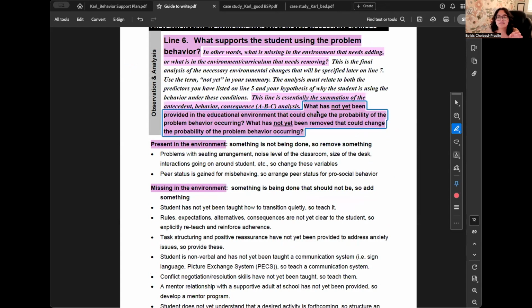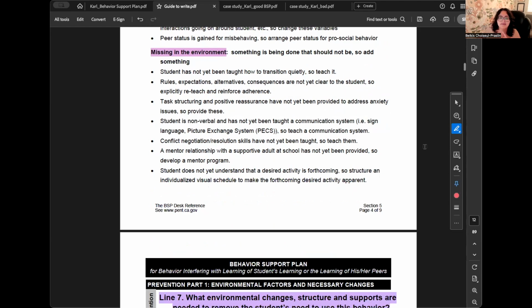This helps us think about the environment in terms of what has not yet been provided that could change the behavior, or what has not yet been removed from the environment that could change the behavior. We are not touching it yet. We are still just talking about it. This is important because it helps us identify if something is missing that we have to put in, or if we need to take something away from the environment that is triggering this behavior to continue happening. That's line number 6.